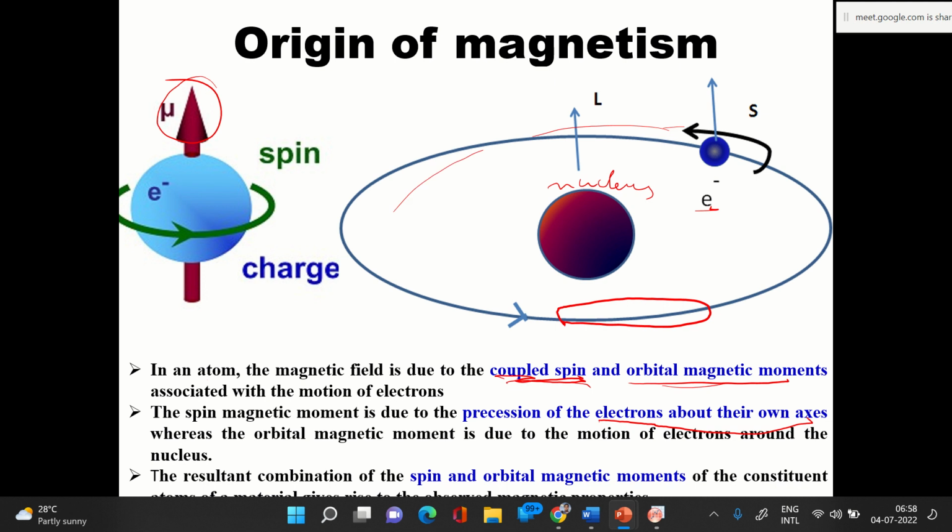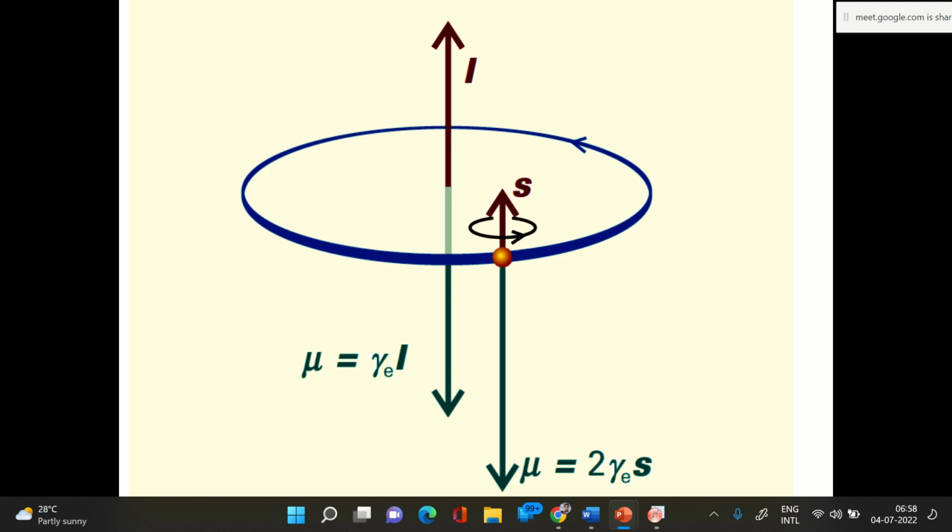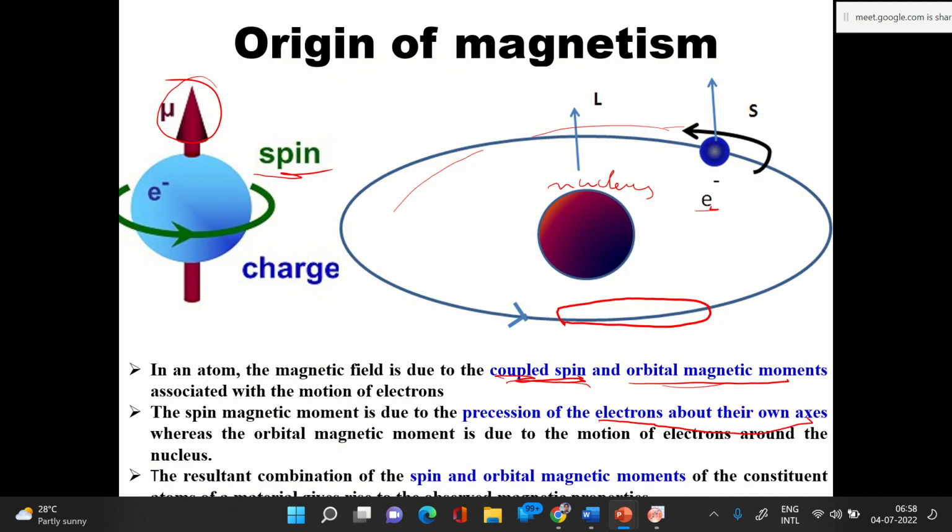This is the orbital motion, and this is the spin. Due to spin, there is a magnetic moment. There is also a magnetic moment due to orbital motion, and both of these can contribute. In many cases, it is only the spin that contributes most of the time. This is the picture that we have seen earlier.